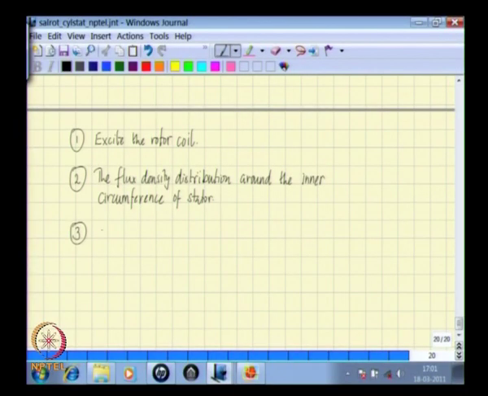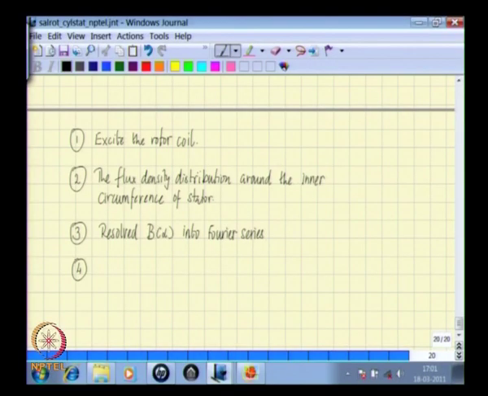In order to deal with this waveform, we resolved B of alpha into a Fourier series, thereby you have an analytical expression in terms of alpha.